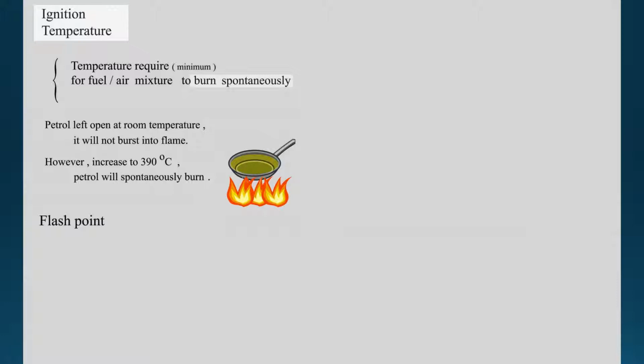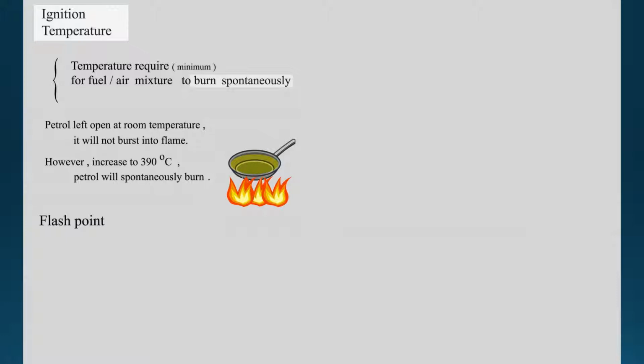Then, what is 390? What is 390 degrees? I tell you what, your home cooking stove's maximum temperature is only 190 to 200. So you're still short by 100. So what does that mean?